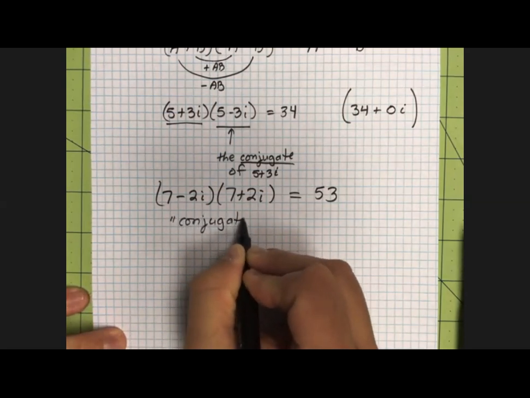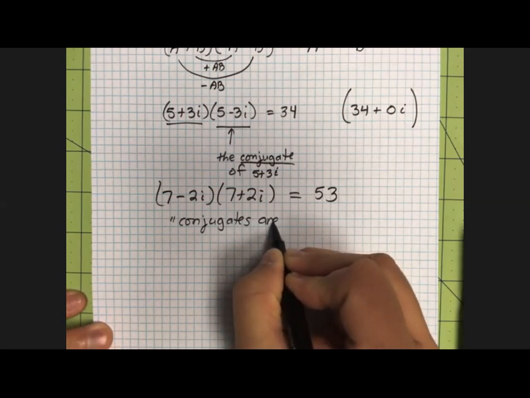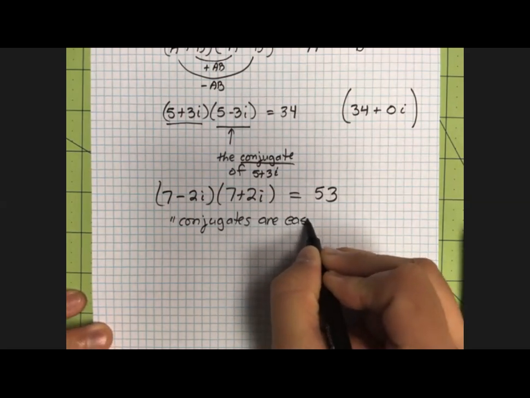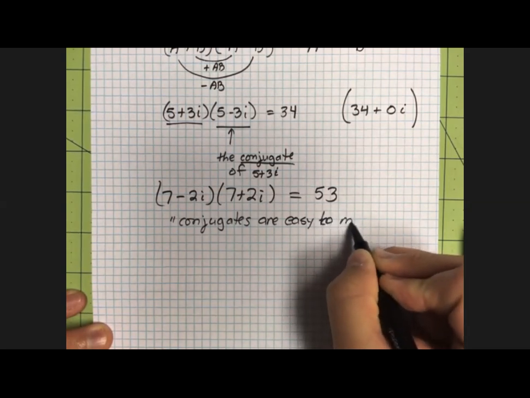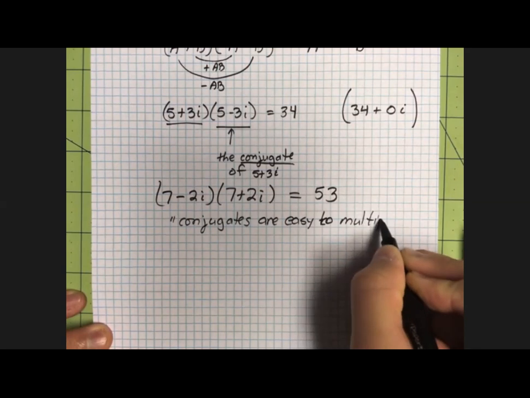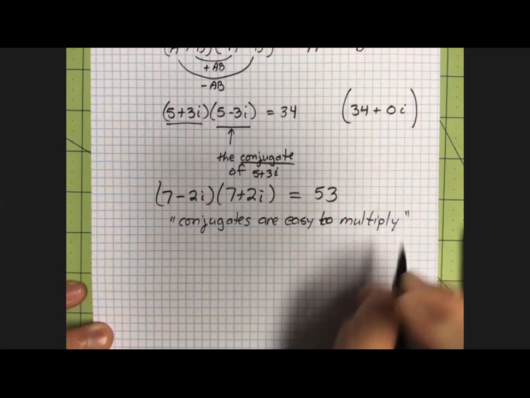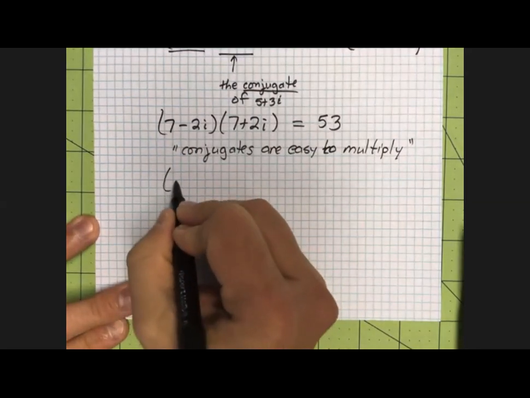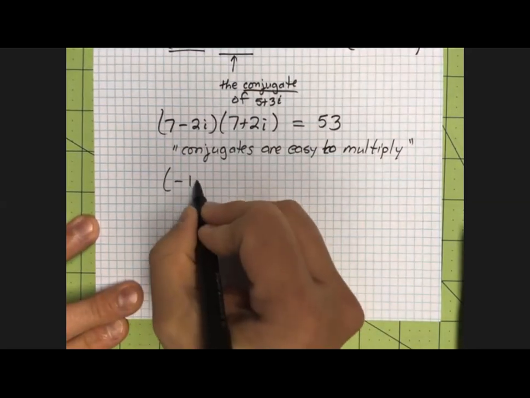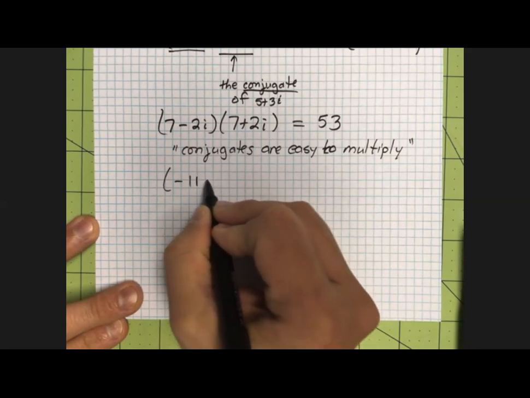Conjugates are easy to multiply. And this is going to be the trick that I use to divide two complex numbers. You should practice this as many times as you need to before you really believe it.